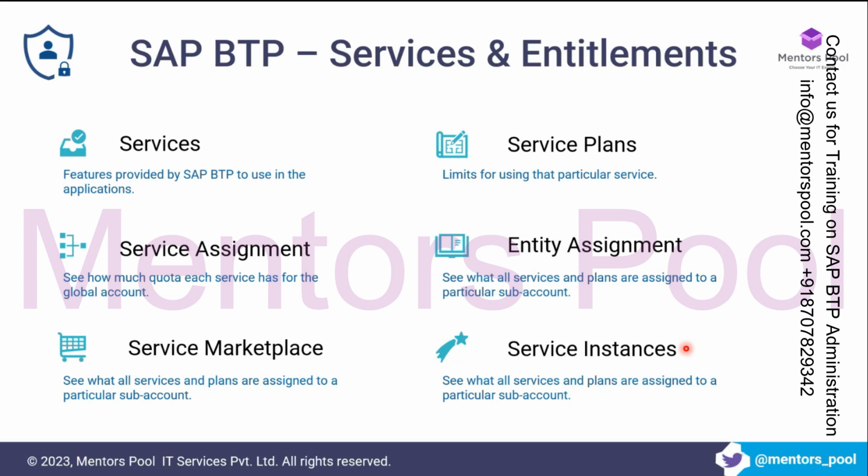There is only one service on BTP, which is Cloud Foundry Runtime, for which you explicitly do not have to create a service instance. That is always available to you without a service instance. But for all of the other services, you have to create a service instance. Then only you can use those services in your applications.